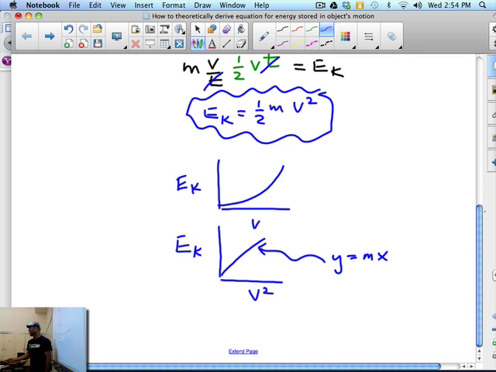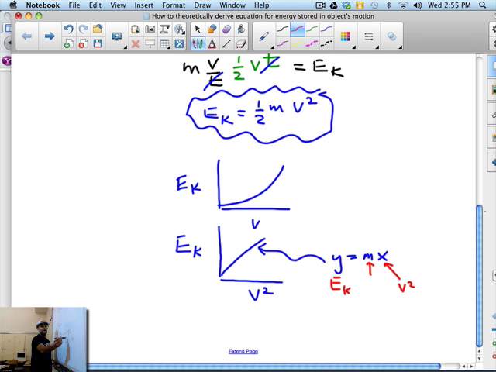Should it be very close to 0? Yes. When I look at this, y is EK. This is the slope of this graph. And x is V squared.